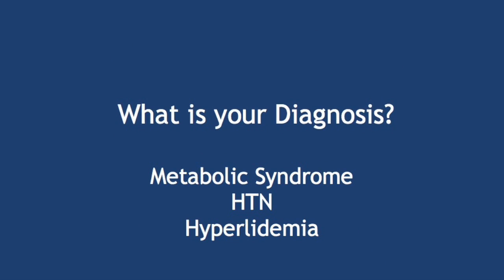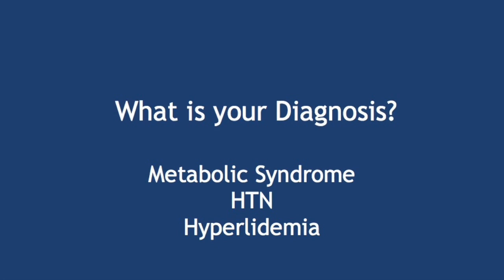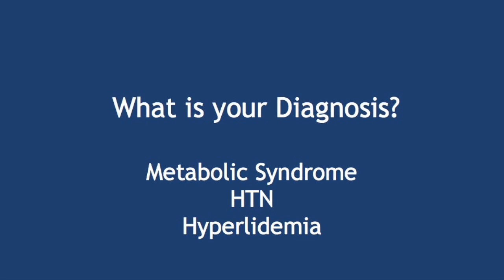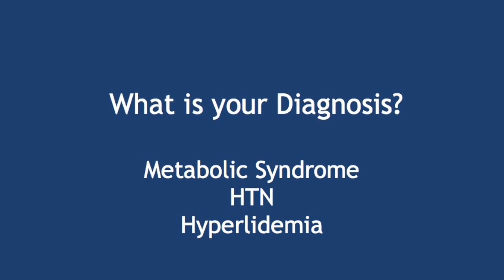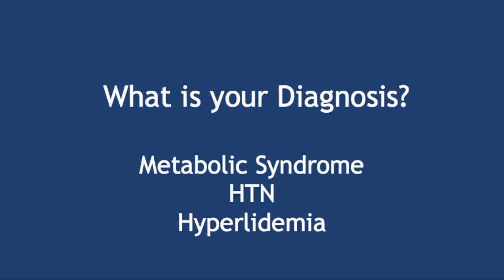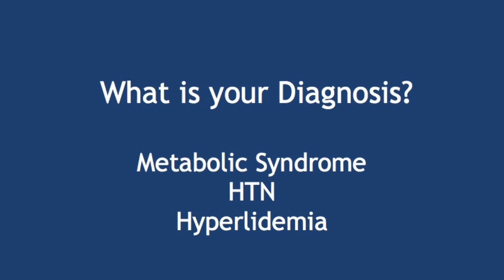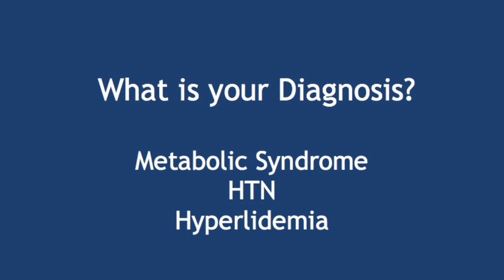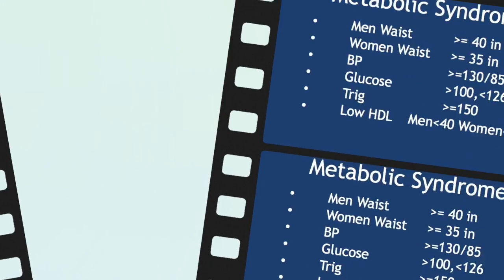What is your diagnosis? Clearly, he has hypertension and hyperlipidemia. However, the most important diagnosis to make is that he had metabolic syndrome, with 5 out of 5 of the criteria for metabolic syndrome.